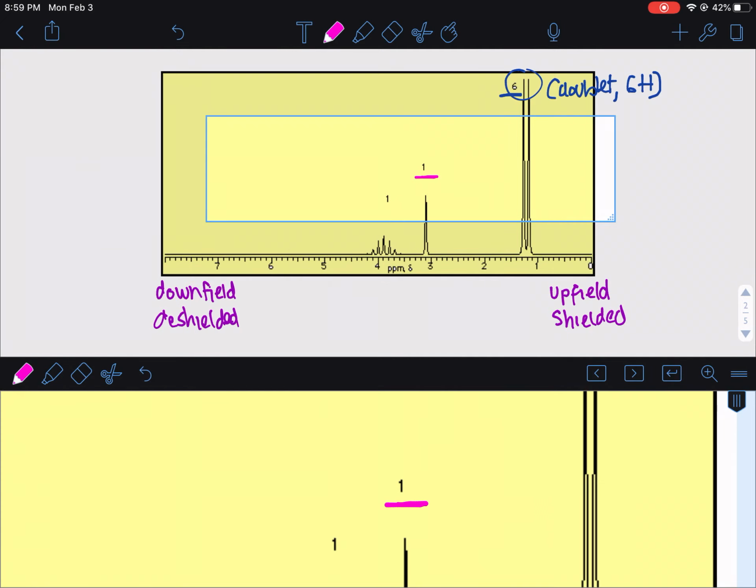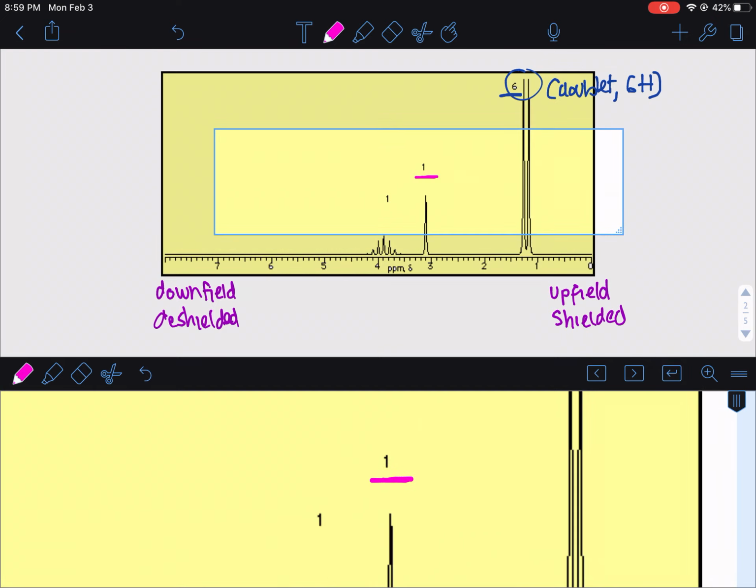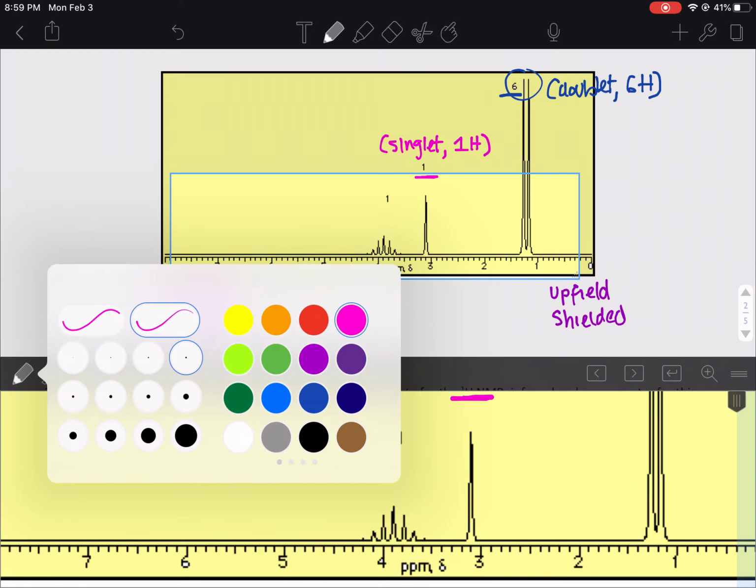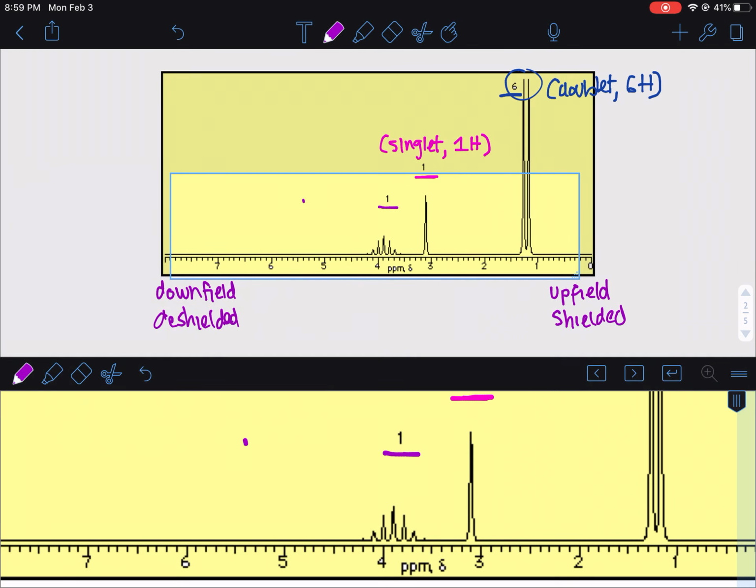This one right here has a single split, so that is a singlet, with an integration of 1 hydrogen. So we have 1 hydrogen of that type. The next one has 1, 2, 3, 4, 5, 6, 7 splits. That is a septet, and that is 1H.